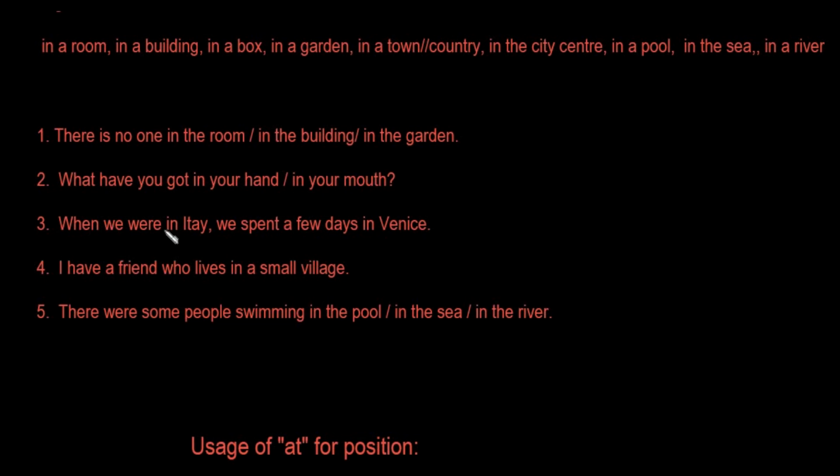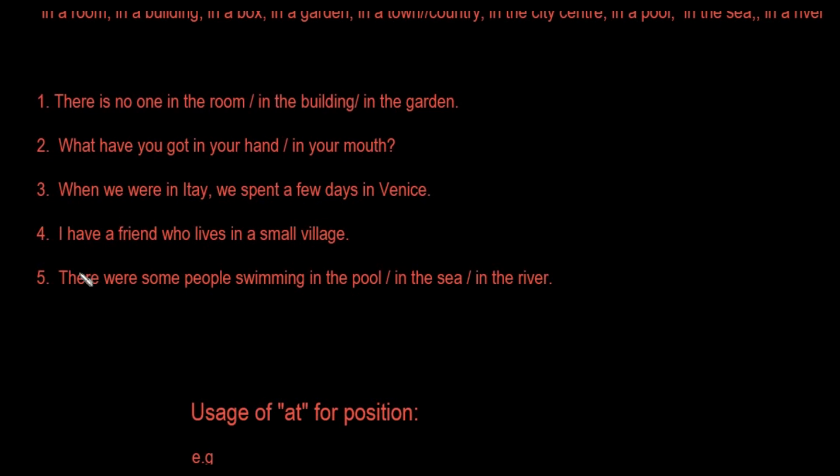When we were in Italy, we also use in for countries, towns, and city centers. When we were in Italy, we spent a few days in Venice. These are famous cities and countries, towns, etc. I have a friend who lives in a small village.